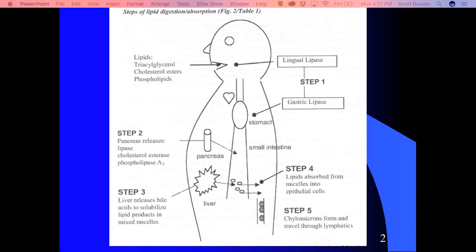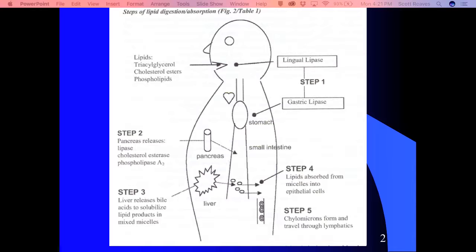And then in the stomach, it's a very acidic pH, and that slows those enzymes down. So lingual and gastric lipases kind of start and perform some triglyceride digestion, but nowhere near to completion.